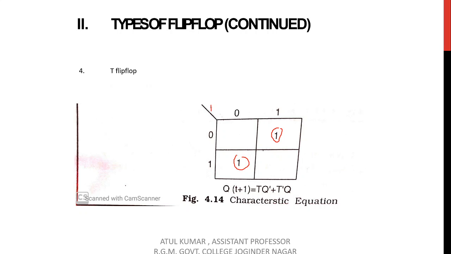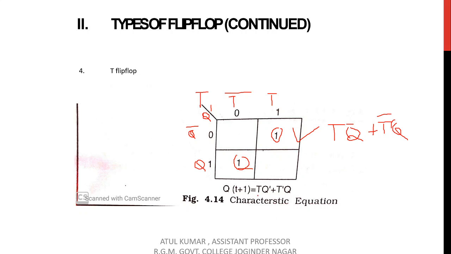Suppose on the upside we have written T, and from the downside we have written Q. So this becomes Q bar, this becomes Q, this becomes T bar, and this becomes T. For this one, the characteristic equation becomes, the common element here is T and Q bar, T Q bar, and for the next one, the common element here is Q and T bar.